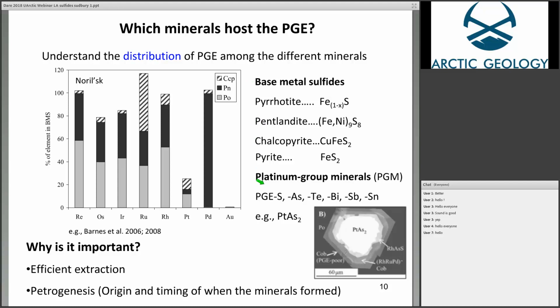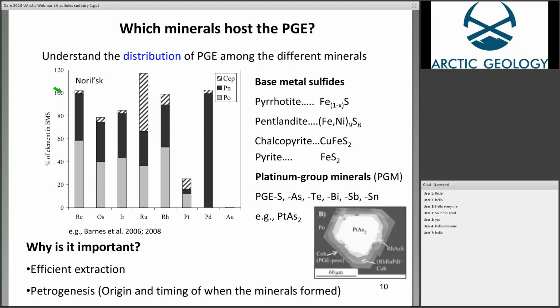So how do we actually quantify which mineral hosts the PGE? For that, I'll be showing you most of the time this kind of graph, which is you've got your PGEs and gold along the bottom, and the height of the bar is essentially 100% of the element hosted in base metal sulfide.